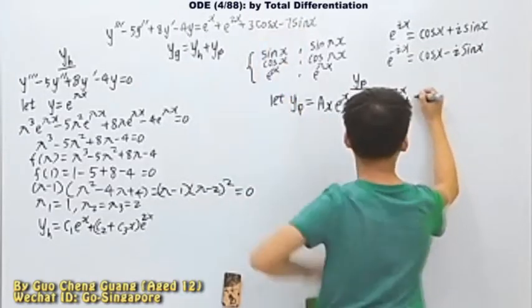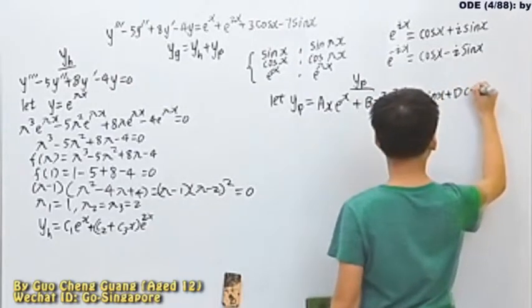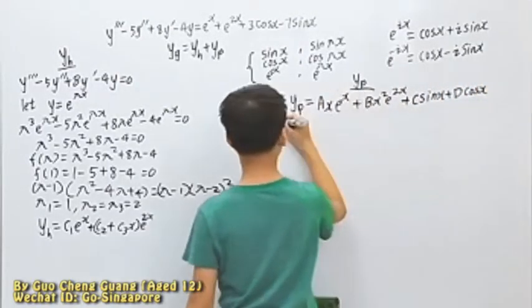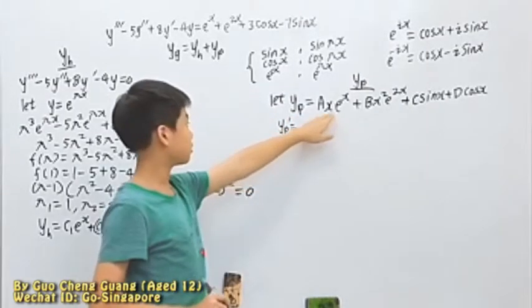Next, sine and cosine. First derivative here.